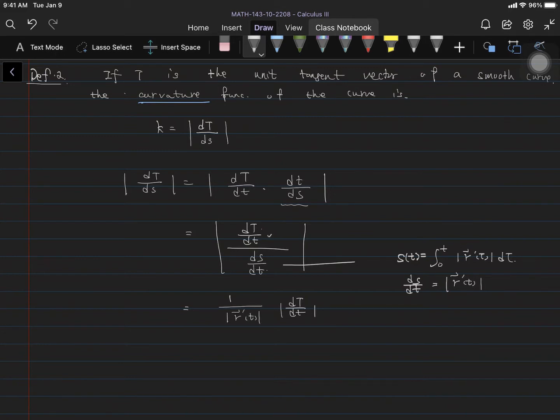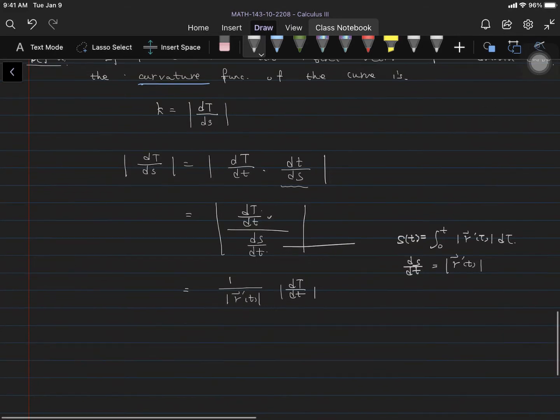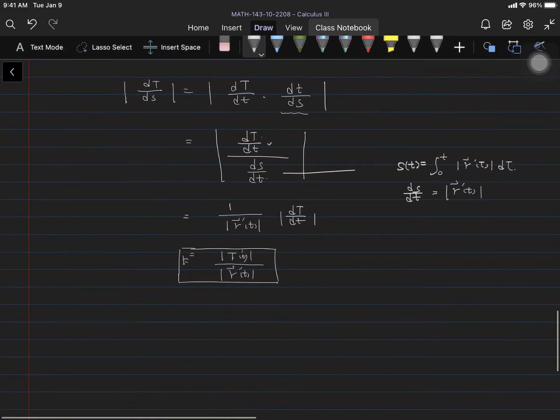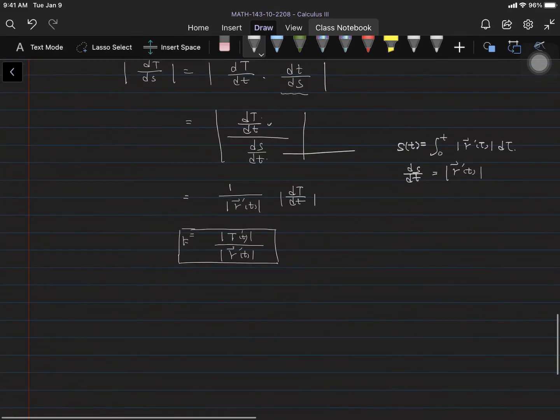So we can change the denominator into the length of r prime t on the right side. This is the formula for the curvature, or sometimes we write it as the length of T prime over the length of r prime. Maybe this is easier for you to remember. So this is the calculation, the formula for how to calculate the curvature.